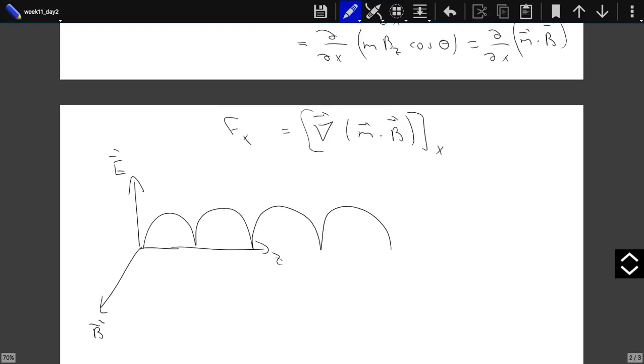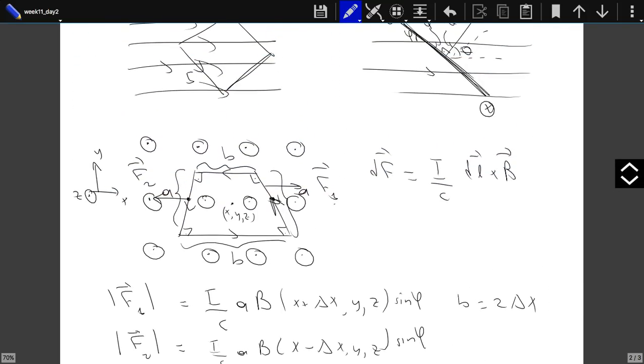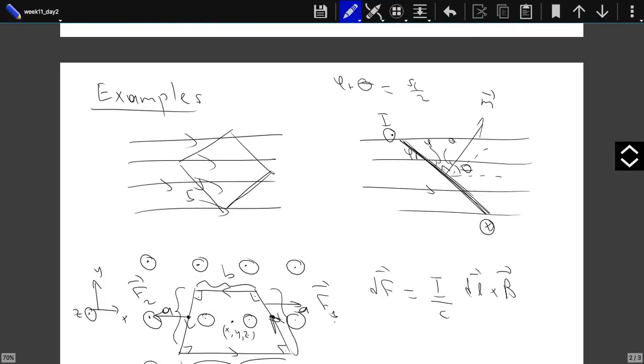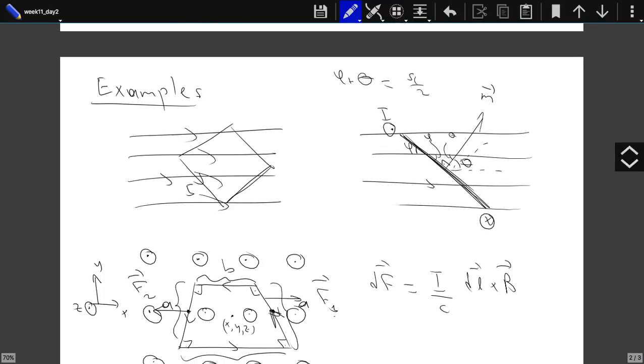Now let's look at the torque. For the torque, let's just assume B is uniform, just a simpler system, for exactly the same system. If B is uniform, we know that there is zero force acting on our magnetic dipole. So we have to go to the next iteration, in a sense.